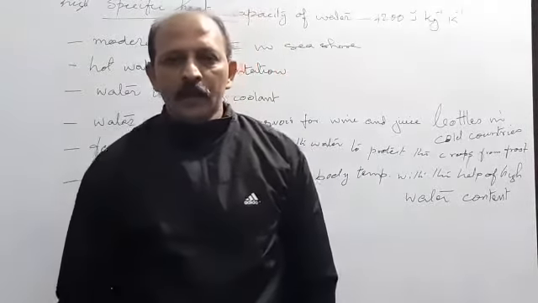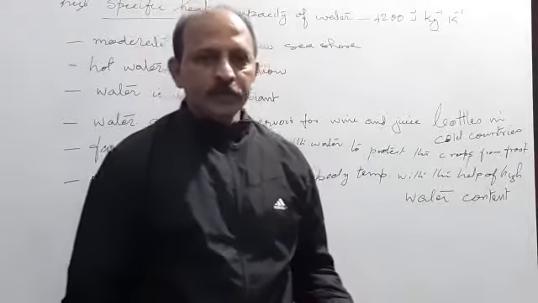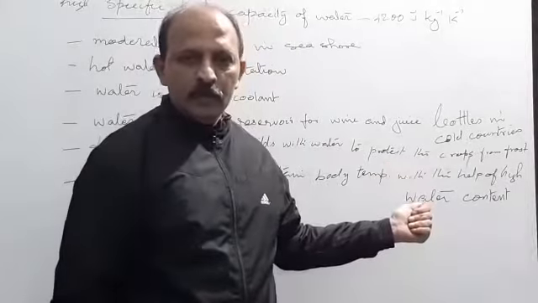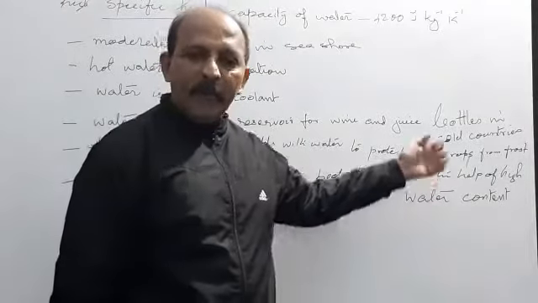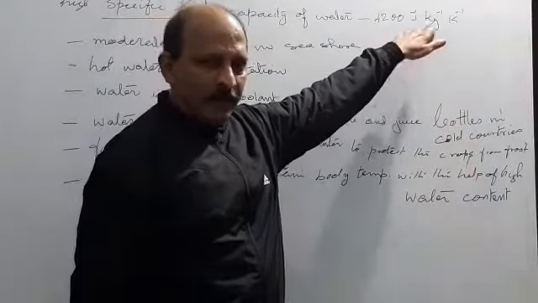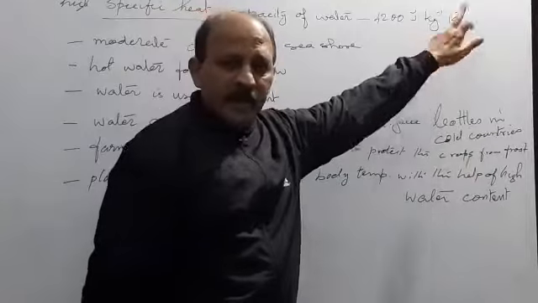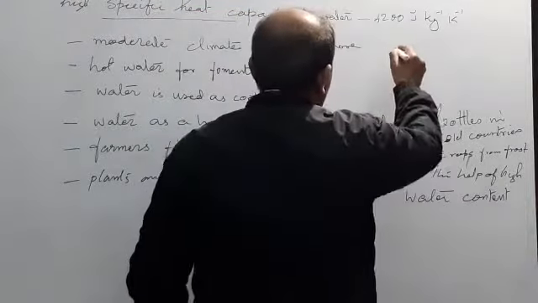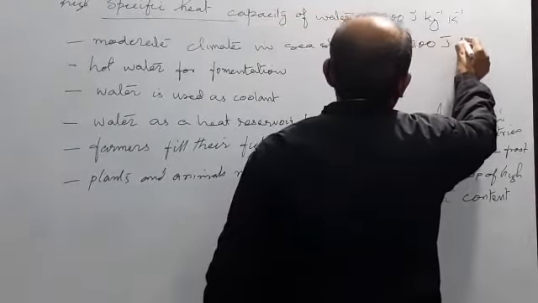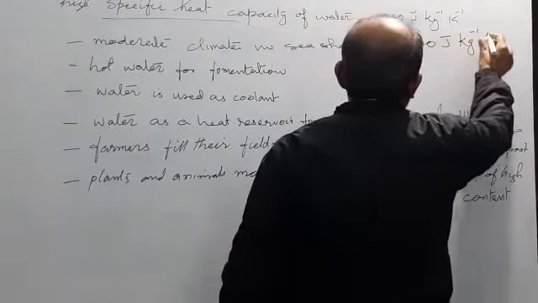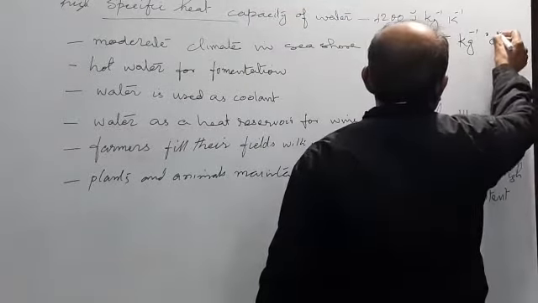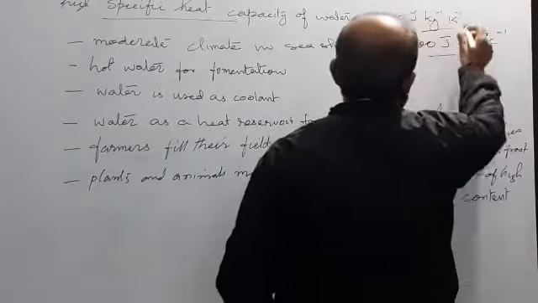It is approximately equal to 4200 joule per kilogram per Kelvin or 4200 joule per kilogram per degree Celsius. It can be written as 4200 joule per kilogram per degree Celsius also. Any one of these can.